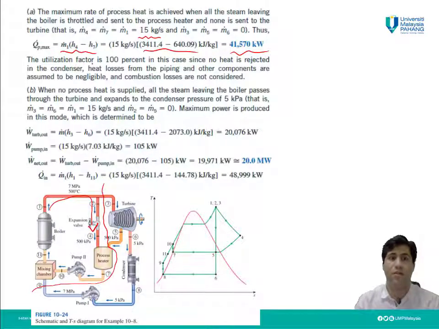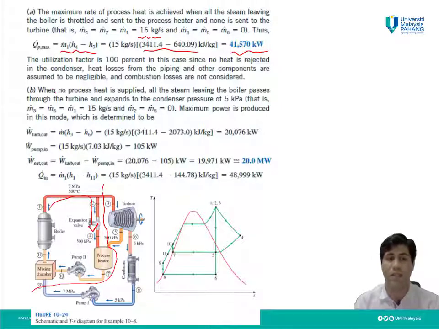The utilization factor here is 100% because no heat is rejected to the surroundings by the condenser. And it is also assumed there isn't any heat loss through the pipes or the devices in the cycle.